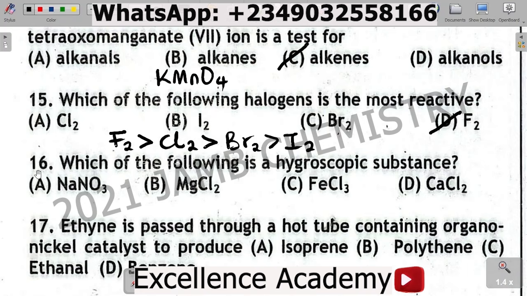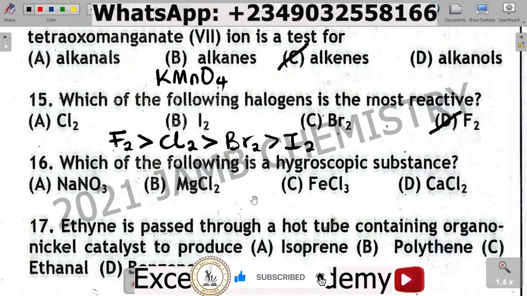Next up, question 16. Which of the following is a hygroscopic substance? A, sodium trioxonitrate(V), B, magnesium chloride, C, iron(III) chloride, D, calcium chloride. The first thing to note is the meaning of hygroscopic substance. A hygroscopic substance is one that, when exposed to air, absorbs moisture.